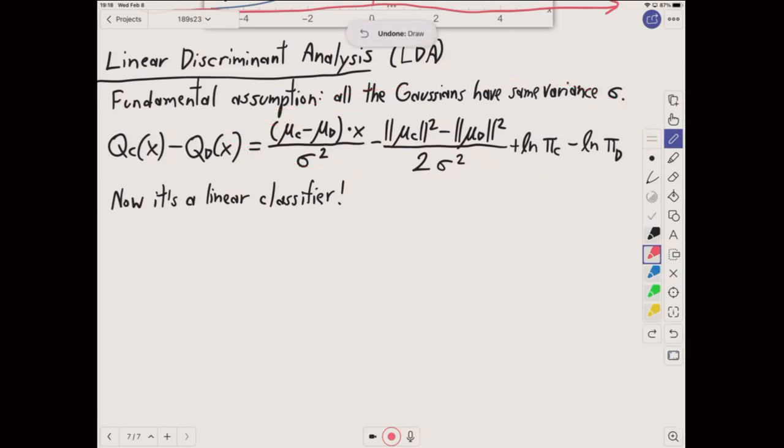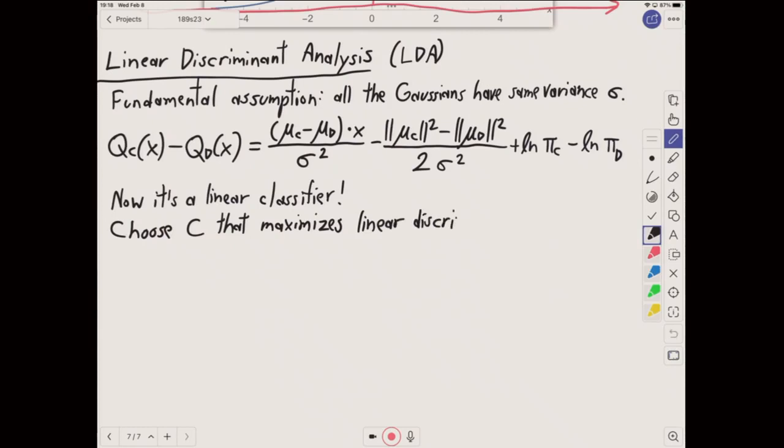What you do instead is compute one linear discriminant function for each class, and then choose the class that maximizes those functions.